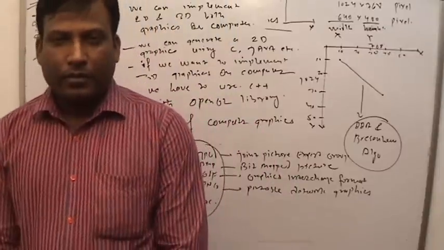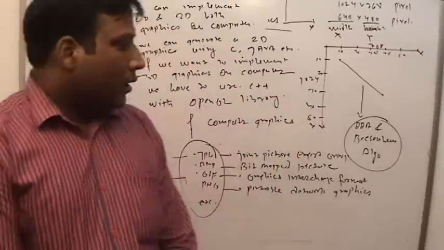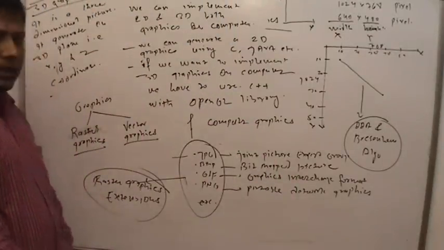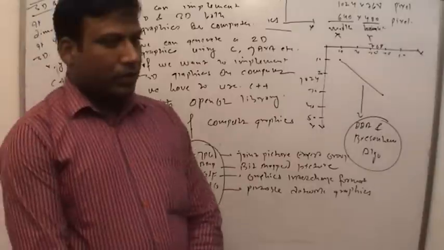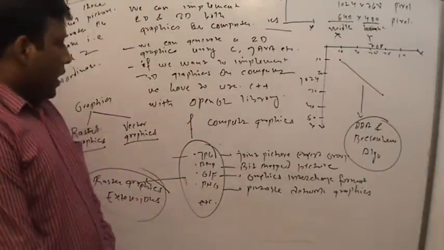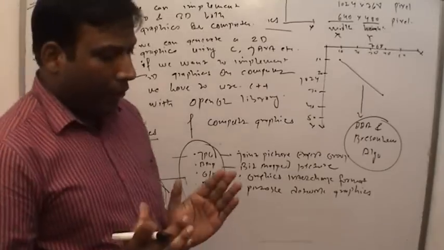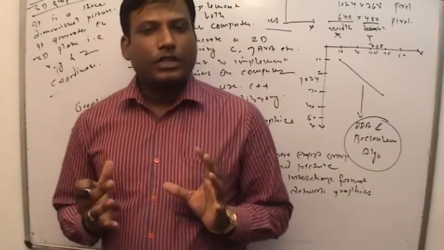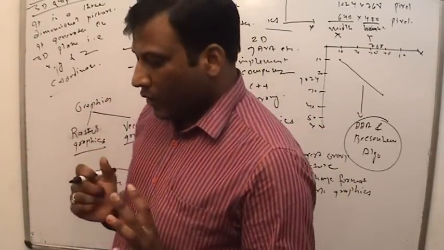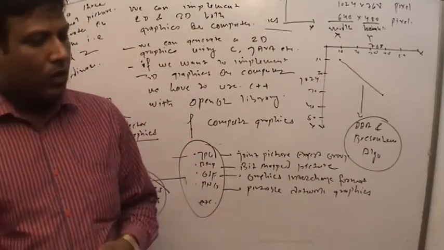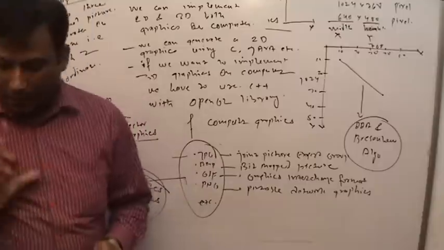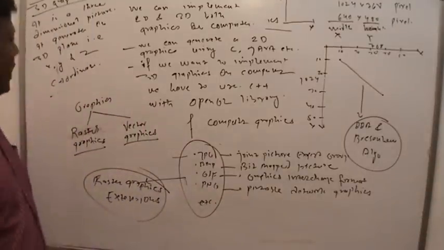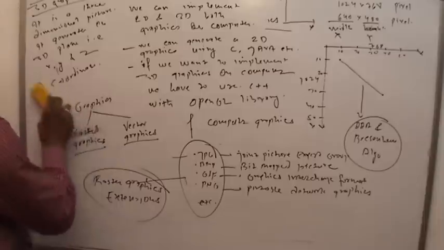We can implement both raster and vector graphics on a computer. If we want to draw vector graphics on computers, we have to use specialized software.